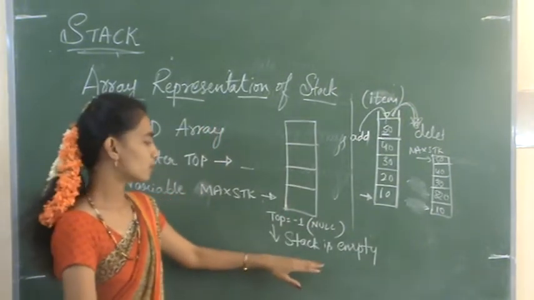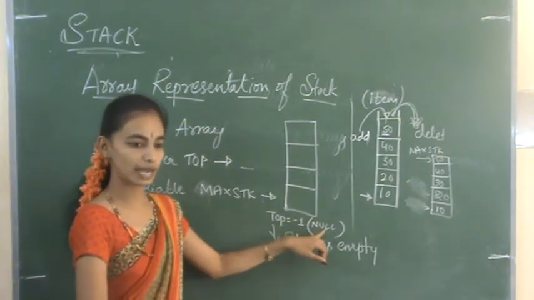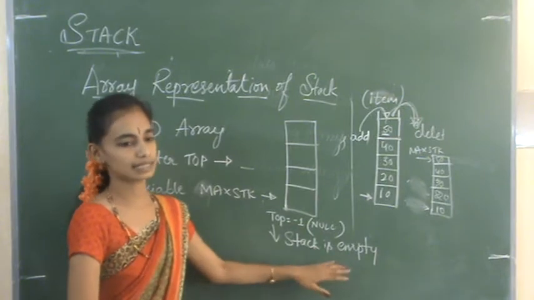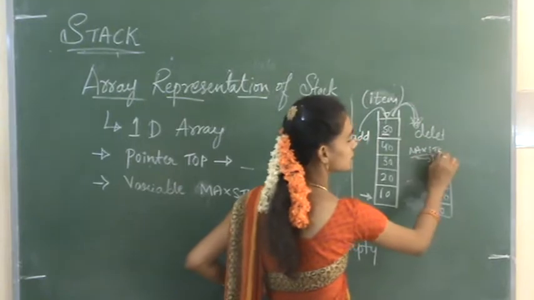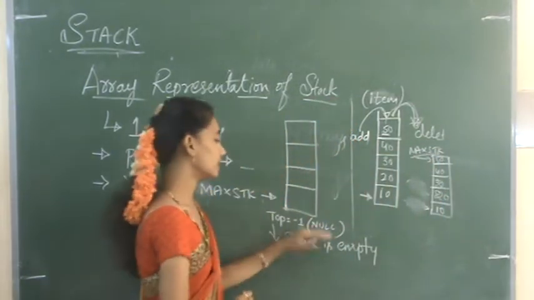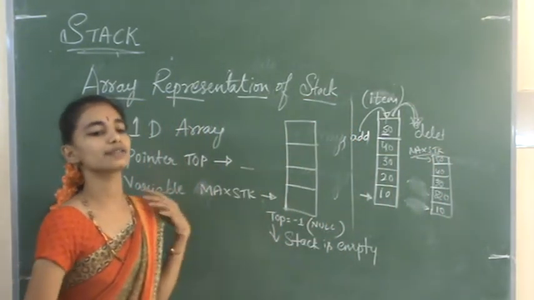So when the top is equal to -1, we call it stack is empty. When the top is equal to max stack, then we call it stack is full.